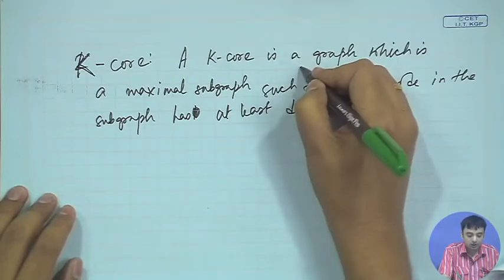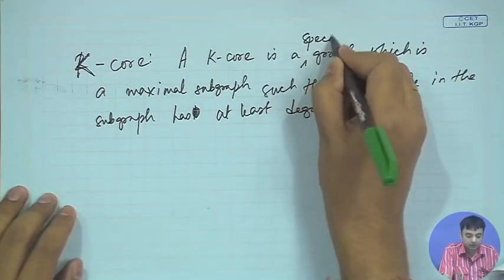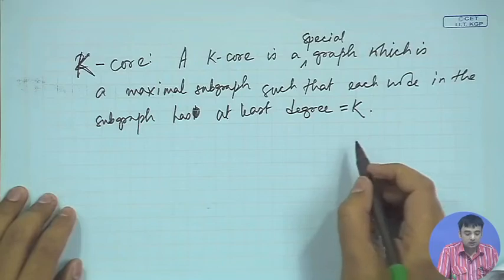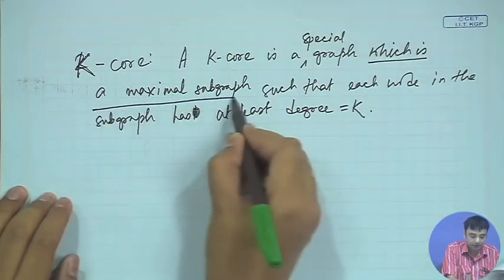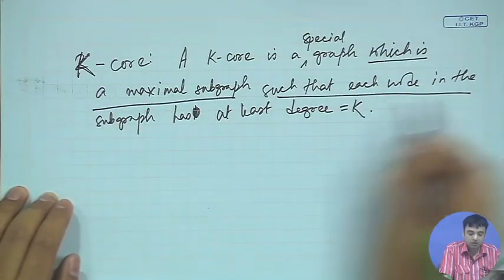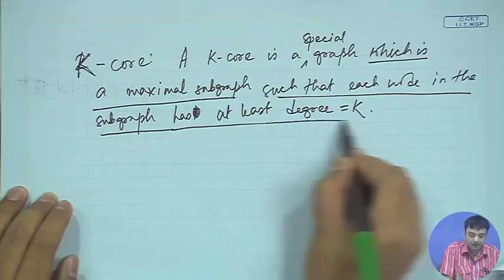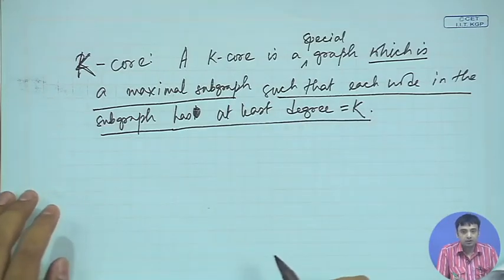So, a K core is a special graph which is a maximal subgraph such that each node in the subgraph has at least degree equal to k.